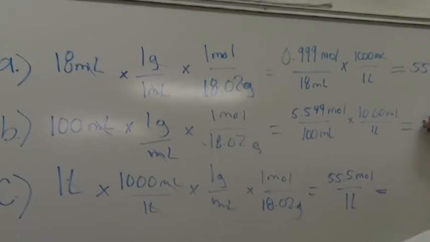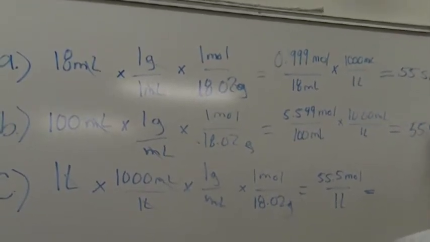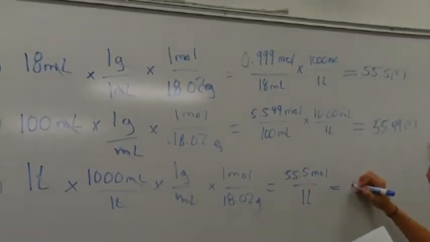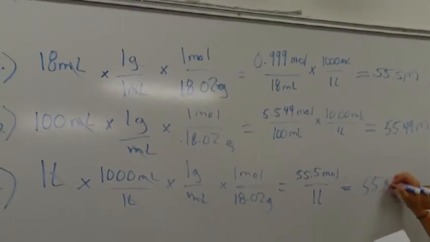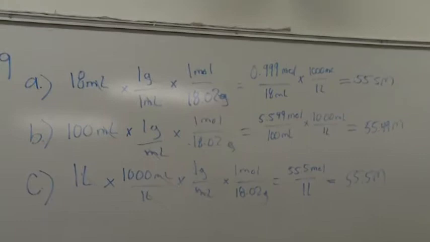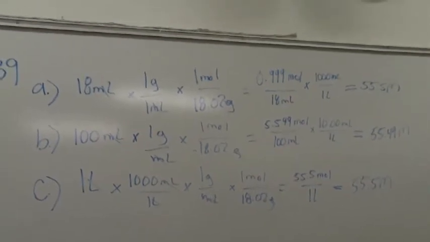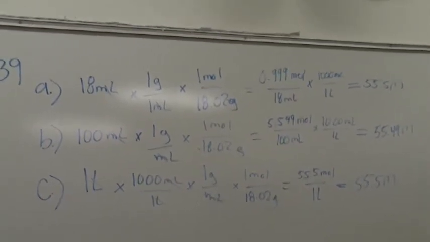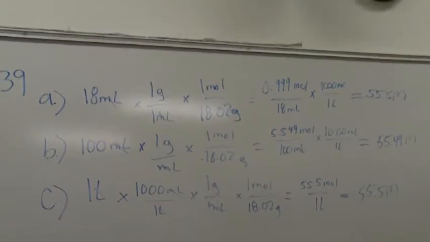When you round, it ends up being the same. And it's just showing that the molar concentration of water is the same no matter what volume of water that you have. So that's the answer.